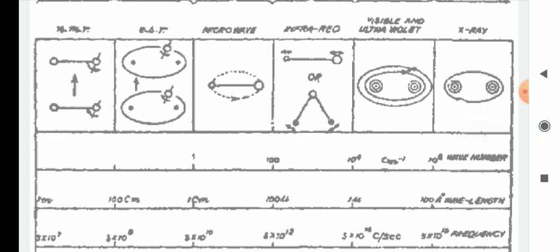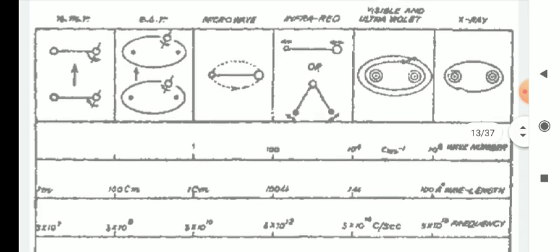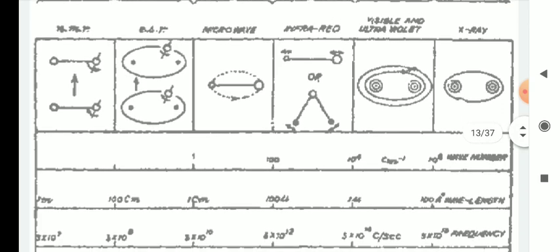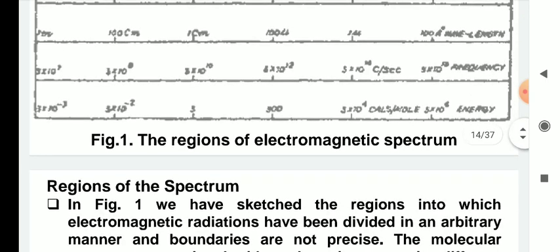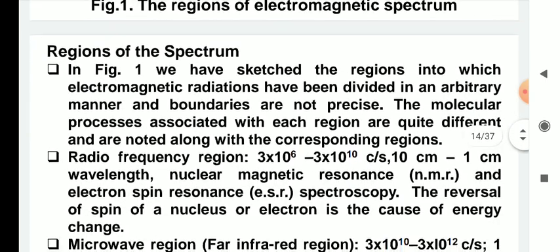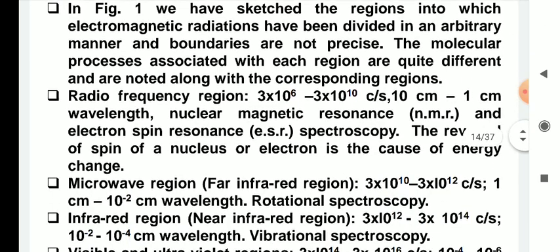The change in the position of the electron from the nucleus of the atom in the various orbits corresponds to electronic spectra, which is observed in the visible and ultraviolet region of the electromagnetic spectrum. The different regions of the spectrum are explained in detail.